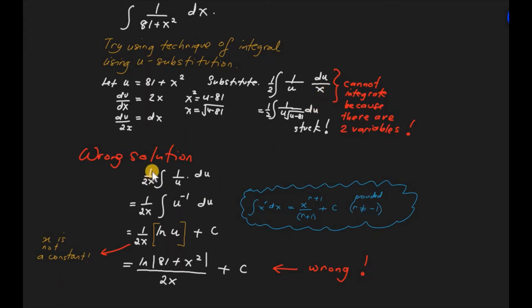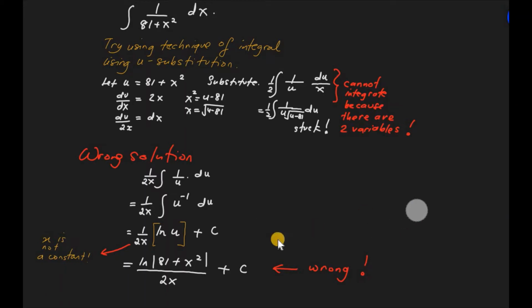Sometimes I notice that a wrong way to solve is that they put the x outside, and then integrate 1 over u, which is ln u. But this is, as I said, a wrong answer. Why? x is not a constant. So you cannot simply take it in front or assume the x to become a constant. So this is a wrong answer.